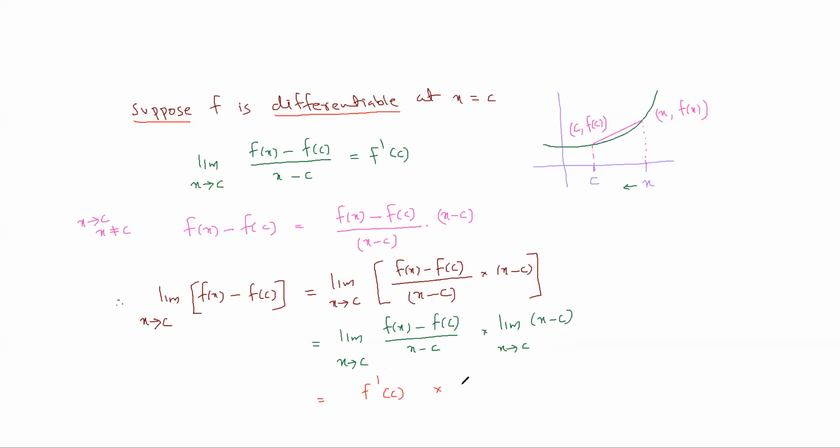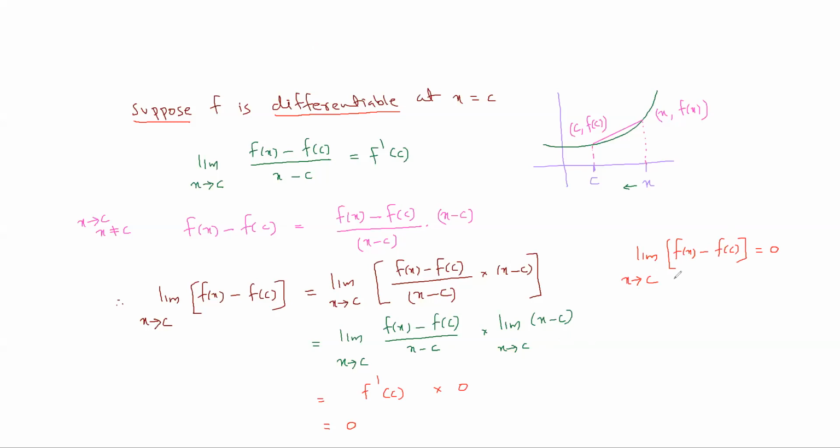That means it is f dash c into 0. That means you are getting 0. So what you got is the limit of f of x minus f of c as x approaches c is equal to 0.